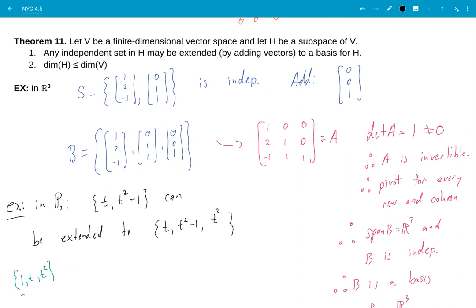Okay, I'm not doing a proof here. I'm just showing you how I'm thinking about extending to a basis. So finishing off here, which is a basis for P2.